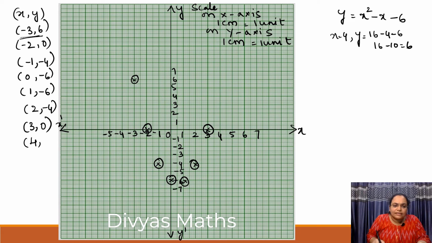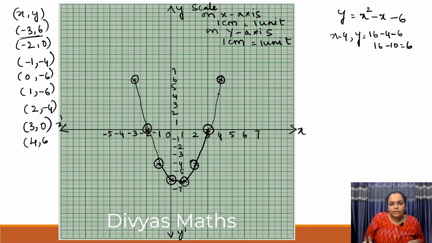So the coordinates are 4 comma 6. Okay, that will be 4 on the x-axis and 6 on the y-axis. Okay, so depending on the graph, you can actually extend the points if you want. Okay, if you join all these, you will get something like this.